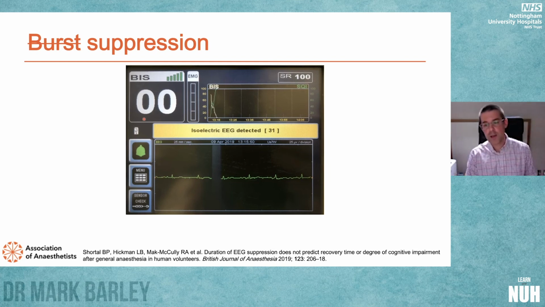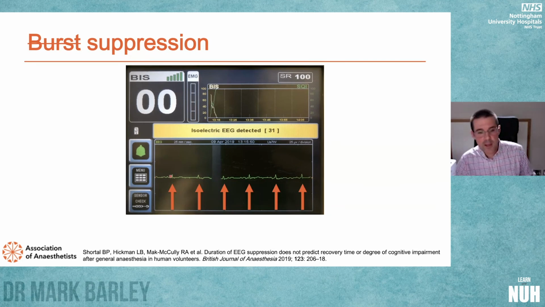Fortunately, however, in young patients with normal brains, this doesn't cause us any mischief at all, which is lucky. If you look at the line here, in fact, there's so little brain activity going on, we've picked up the ECG. We can tell that because of its regular, repeated and reproducible waveform. So that may be the lowest BIS you ever see.